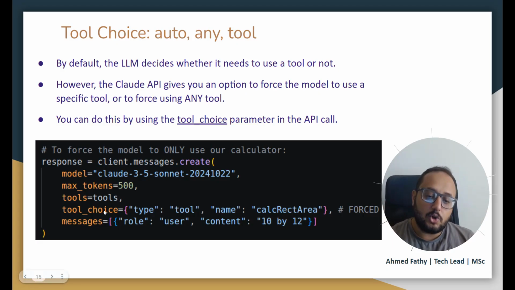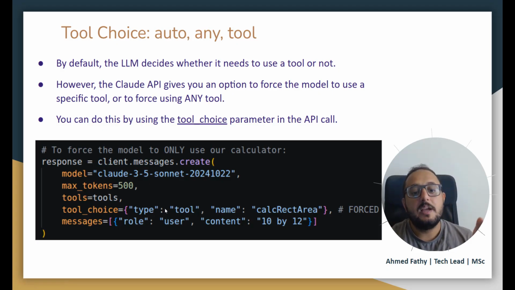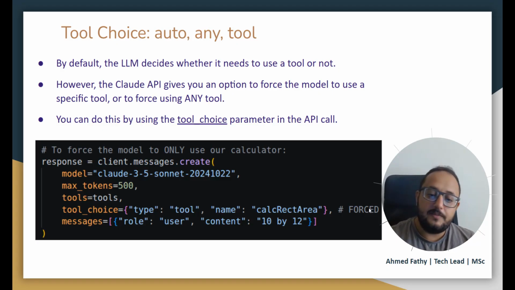However, using tool choice, you can force the LLM to use one specific tool, or to use at least one of the tools, or you can leave the default behavior. So for example here, if you put in tool choice equal to type tool and name is calc area, then you force the LLM, it must use this tool. But if you leave it, then it's up to the LLM to decide, okay?